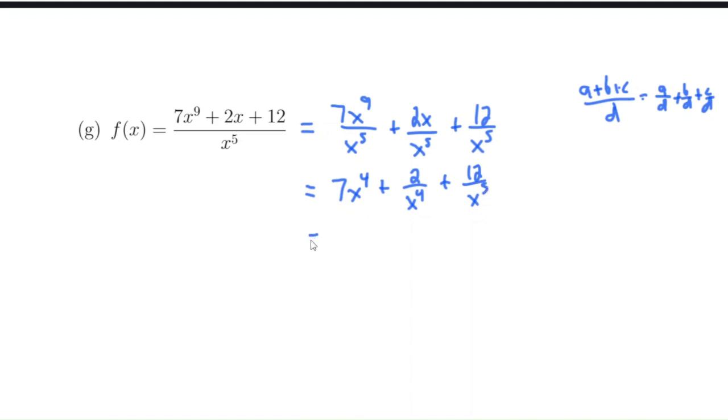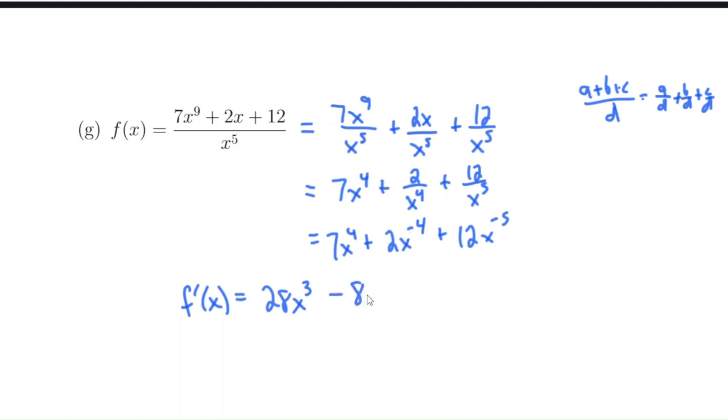Now let's rewrite it so that we can take the derivative. We can rewrite this as 2x to the negative fourth, and this as 12x to the negative fifth. So now let's take the derivative. The derivative is going to be 28x cubed, and then multiply the minus 4 times 2, that'd be minus 8x to the minus fifth.